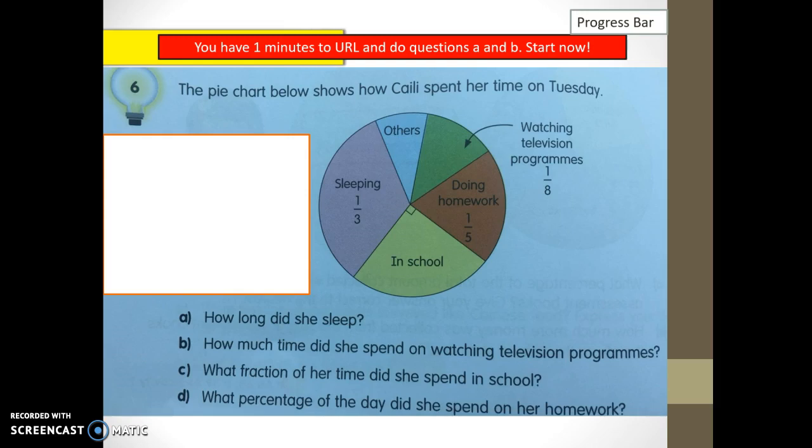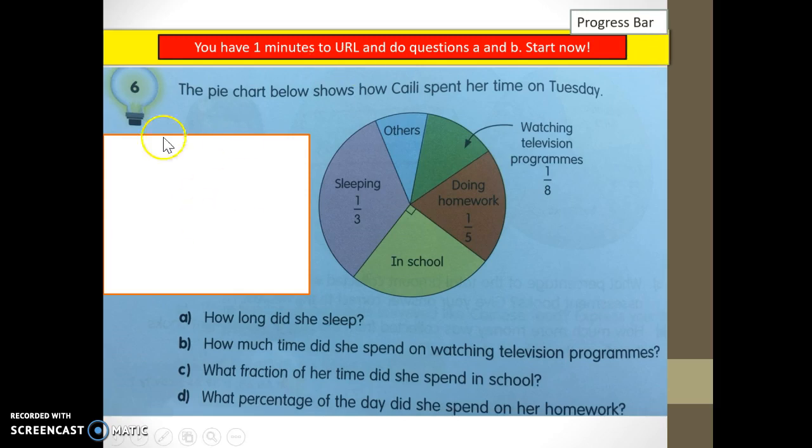Remember, if you finish early, show your ready signal, take the time to reread the question and to check your answer and working for A and B. Make sure you get it right 100%. Okay, getting ready? Alright, let's start.